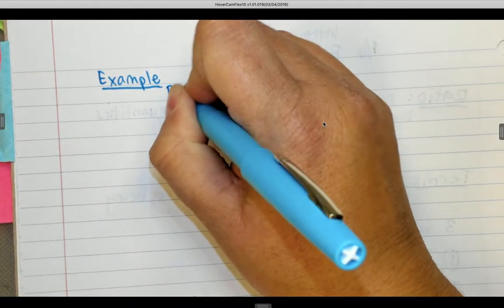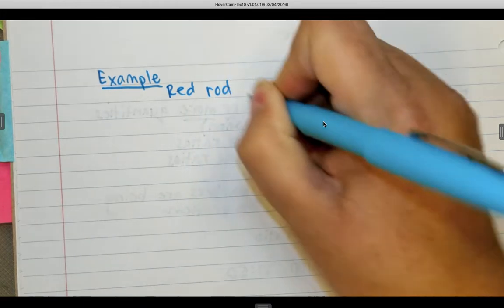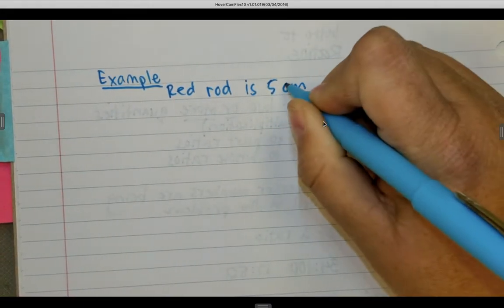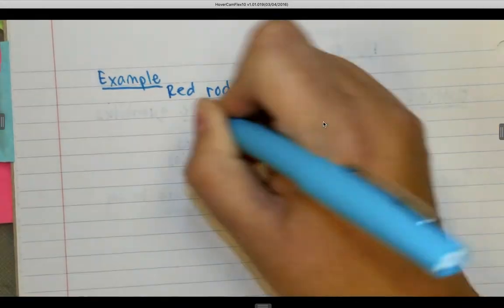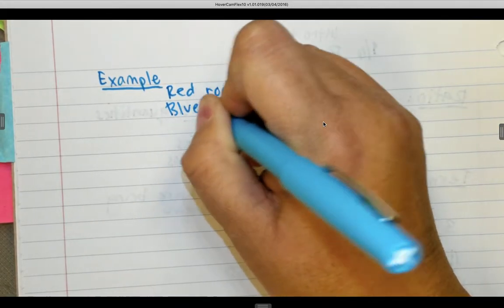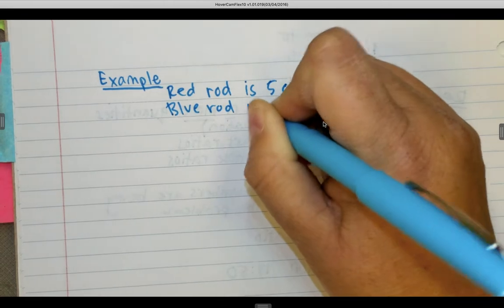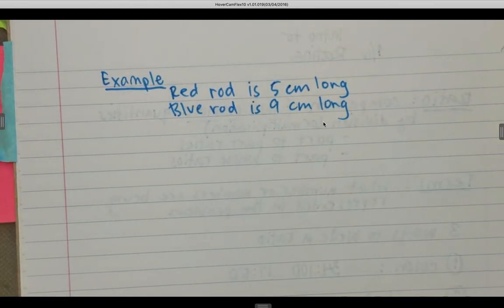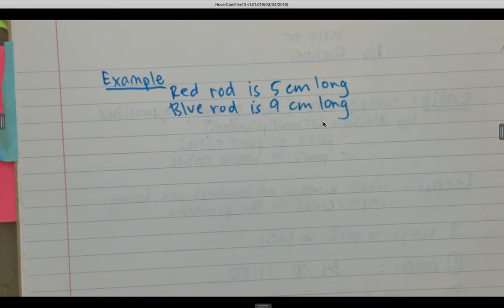So, a red rod is 5 centimeters long. A blue rod is 9 centimeters long. So that's the information that we have. I'm going to draw a picture of the red rod.